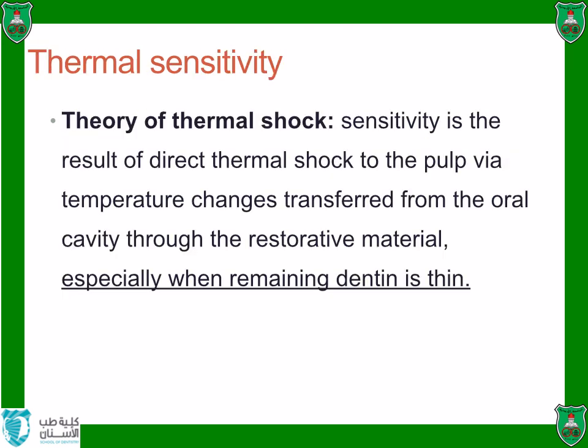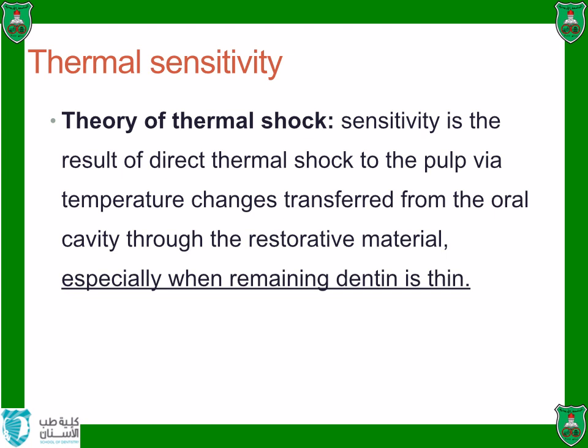Now, thermal sensitivity has been explained in the past by an old theory called the theory of thermal shock. This theory states that sensitivity is the result of direct thermal shock to the pulp via temperature change transferred from the oral cavity through the restorative material, especially when the remaining dentine is thin. And this is exactly what we speak about regarding thermal conductivity of the restoration.